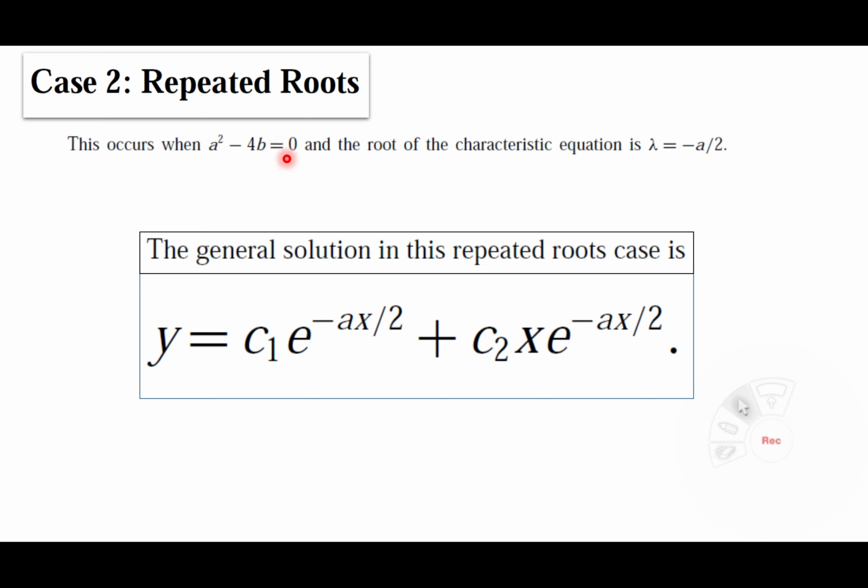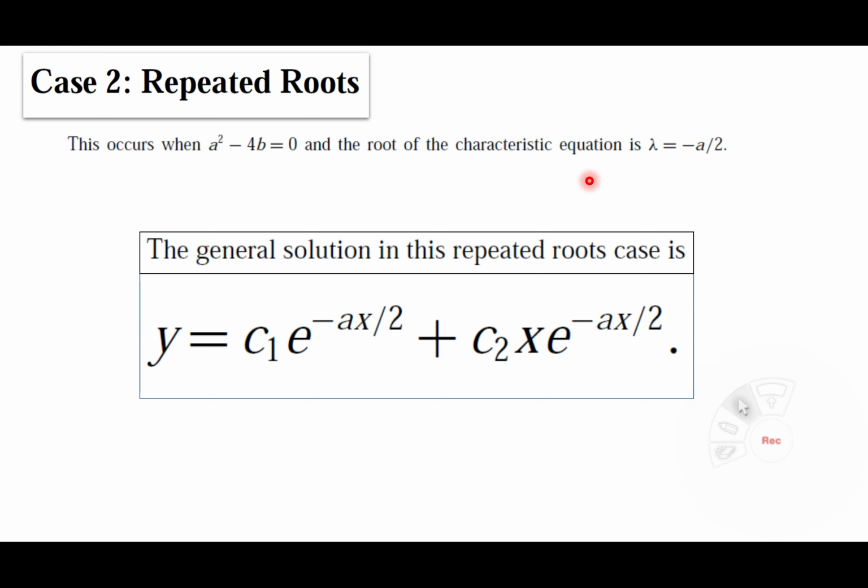But here it is equal to 0. So the root of the characteristic equation is going to be a repeated root. We are going to have the same root. For this case, we are going to find that lambda equals minus a over 2. It is always only one root.